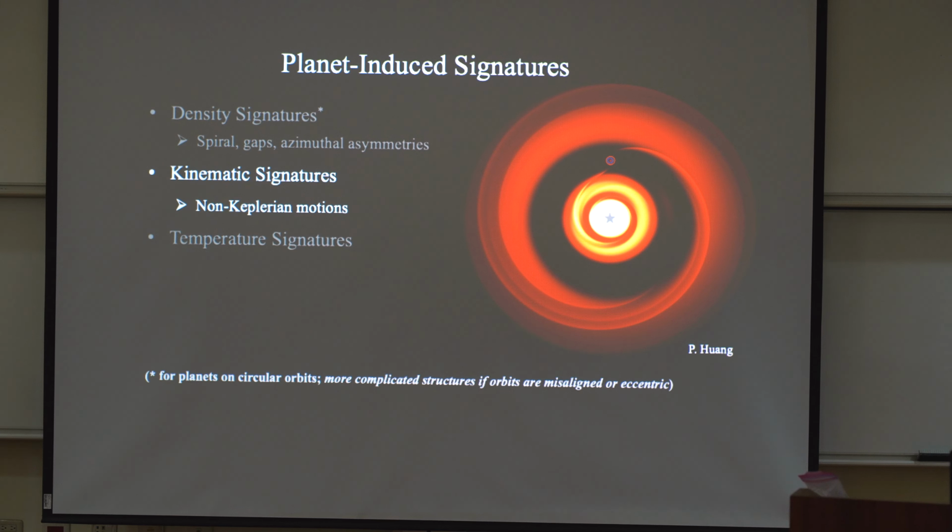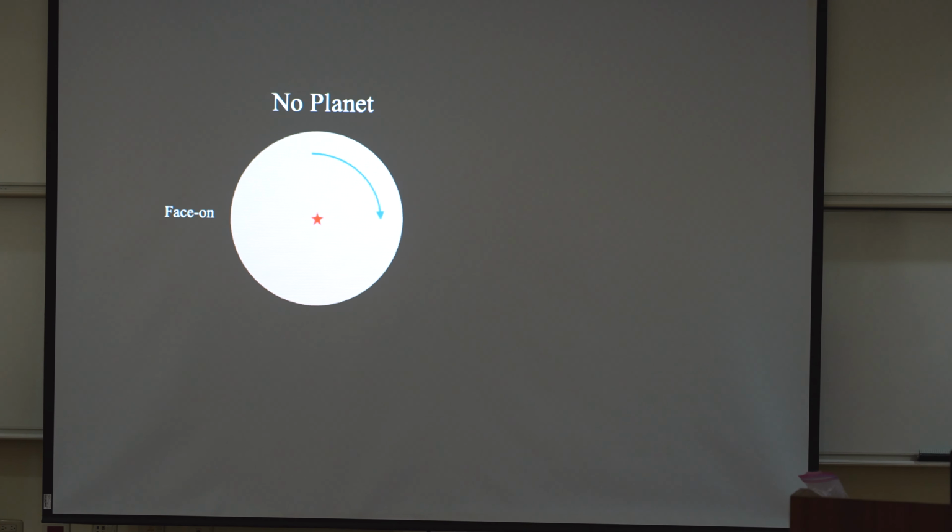All right, kinematic signatures: how gas moves in the system. So here's a schematic of an accretion disk. Here's a star. And if there's no other source of gravity in the system, what does the gas do? Well, the gas will just be doing a simple Keplerian rotation around the star, right?